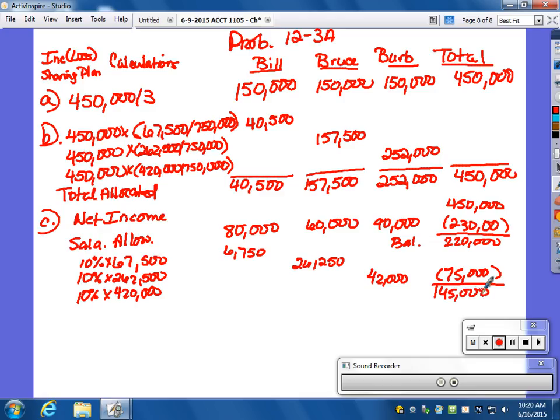What did they say in the problem? Okay, a little slower. 20% to Bill, 40% for Bruce, and 40% for Barb. So 20% times 145, 40% times 145.